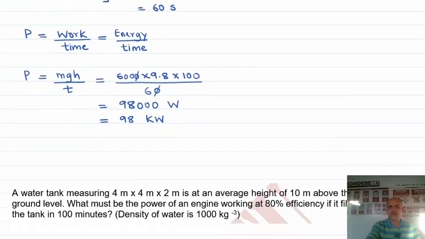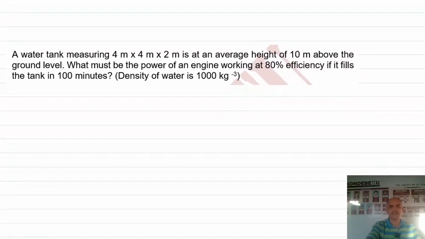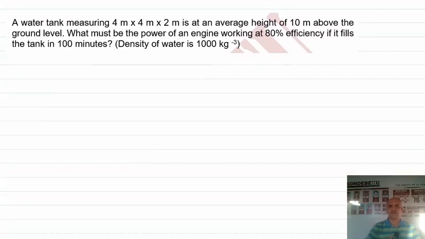So mainly you will find questions in this form. The first one was very simple. Now if I take the second one: a water tank measuring 4 by 4 by 2, means he has given volume. So volume is 4 into 4 into 2, that is 32 meter cube.